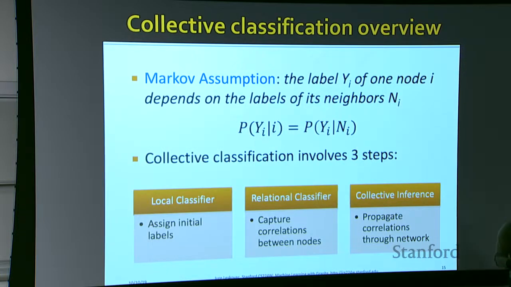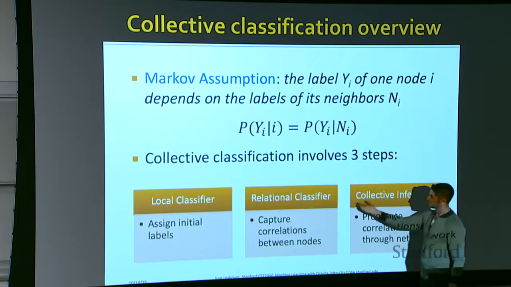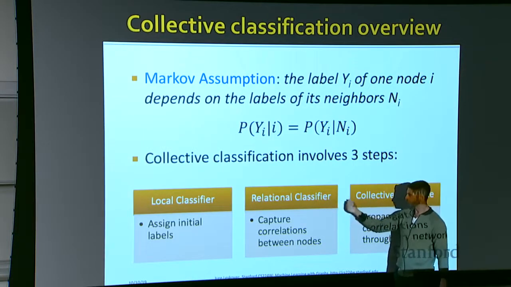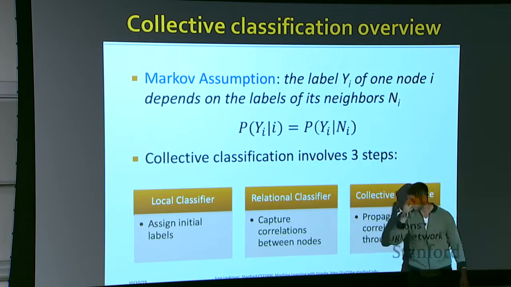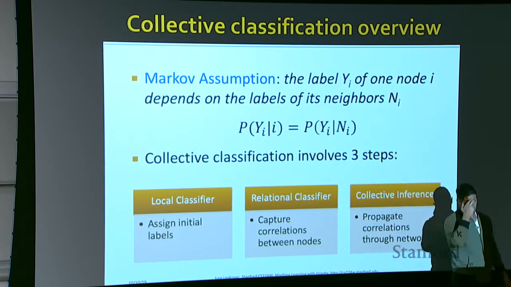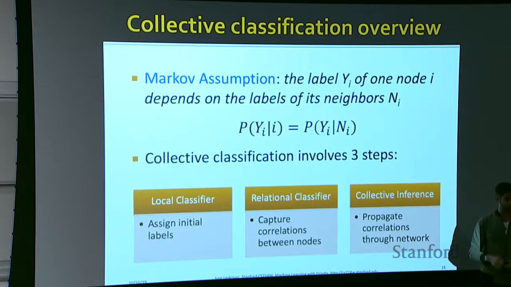For the nodes for which we don't have labels, we're going to use a local classifier to estimate the best label. Then the second step is a relational classifier, which is able to capture the correlation between the nodes, what we were talking about before: the homophily, the social influence, and so forth. And last but not least, the collective step, which performs collective inference. It propagates the correlations through the network, okay?